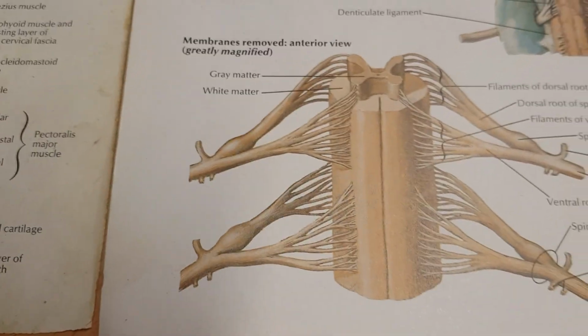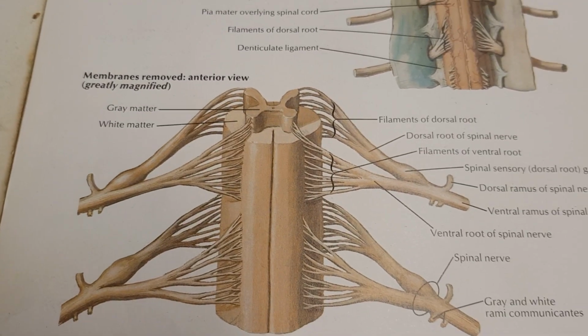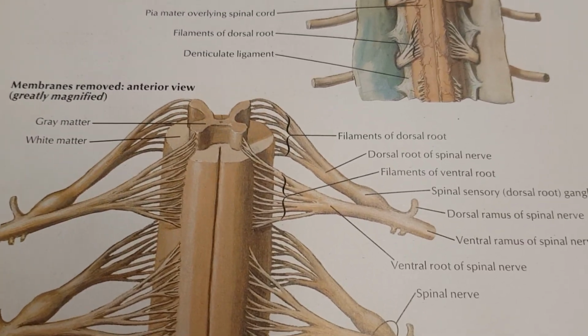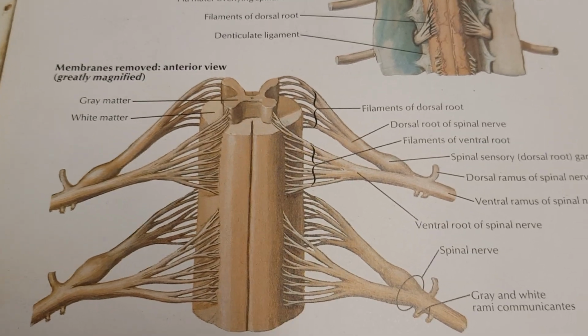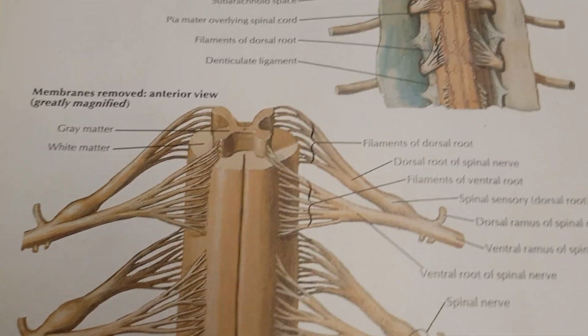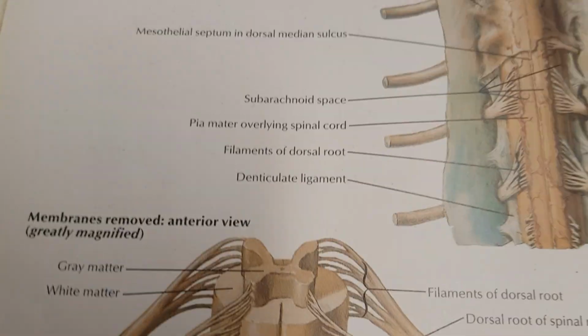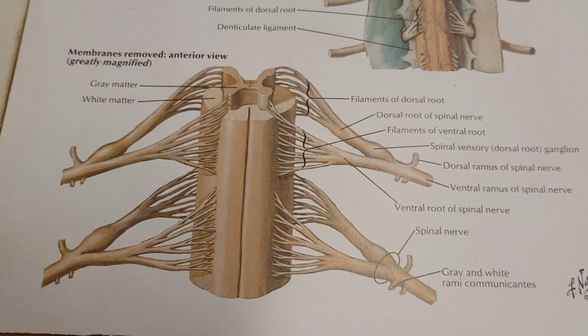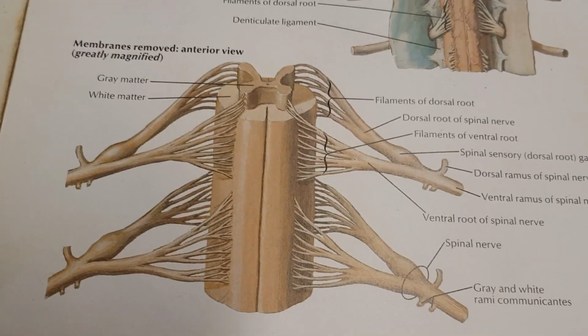So now, before we start with the brachial plexus, let's just recap how the peripheral nerves are connected to the spinal cord.